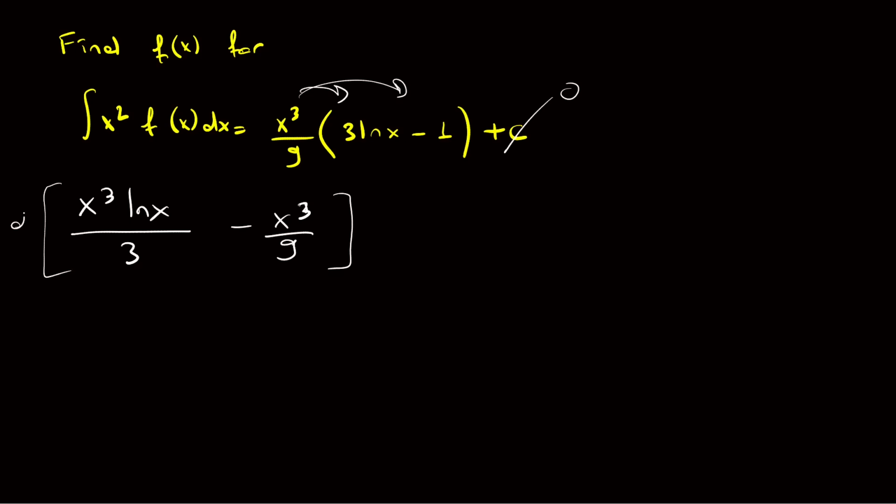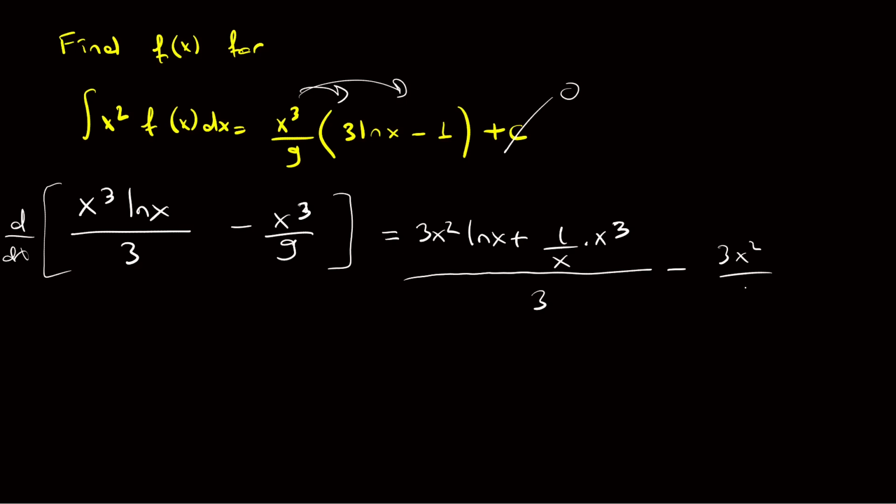I already assumed that I differentiated the constant. Now, of course, I need to apply the multiplication rule: 3x squared ln of x plus 1 over x times x cubed over 3, minus 3x squared over 9. This is equal to x squared ln of x plus x squared over 3 minus x squared over 3.